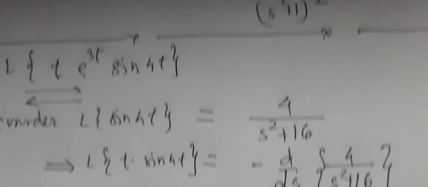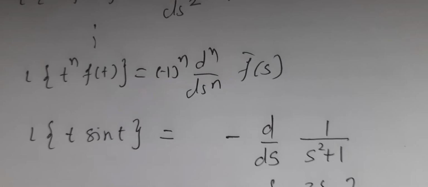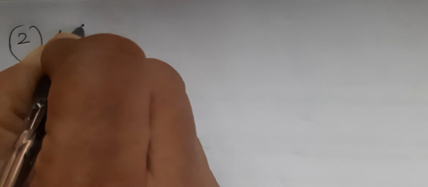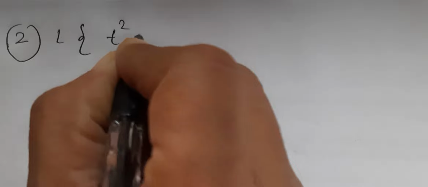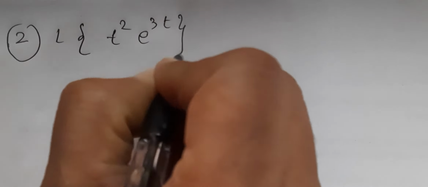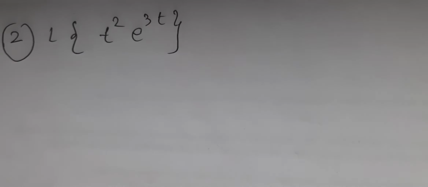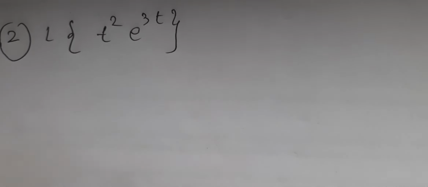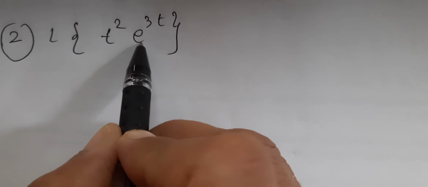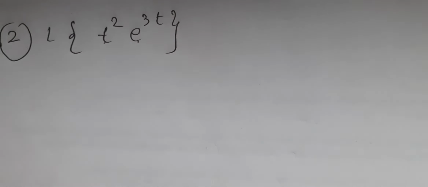Now, I will show you one more problem. Let's say we need to find L of t square e raised to 3t. It's a simple example, but here you can apply first shift and you can also apply multiplication by t.